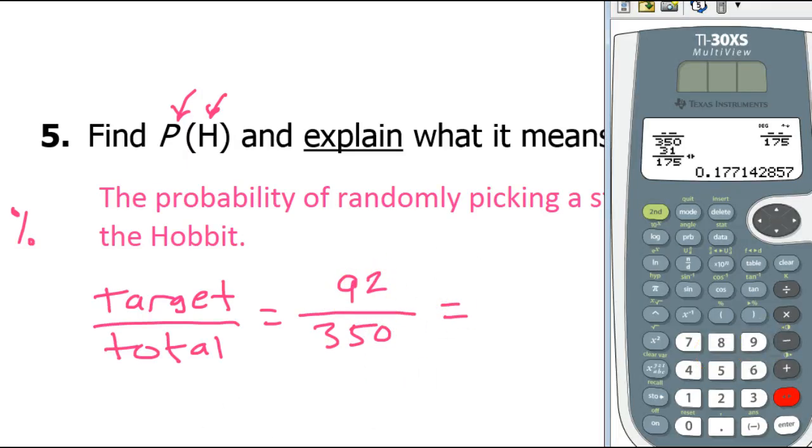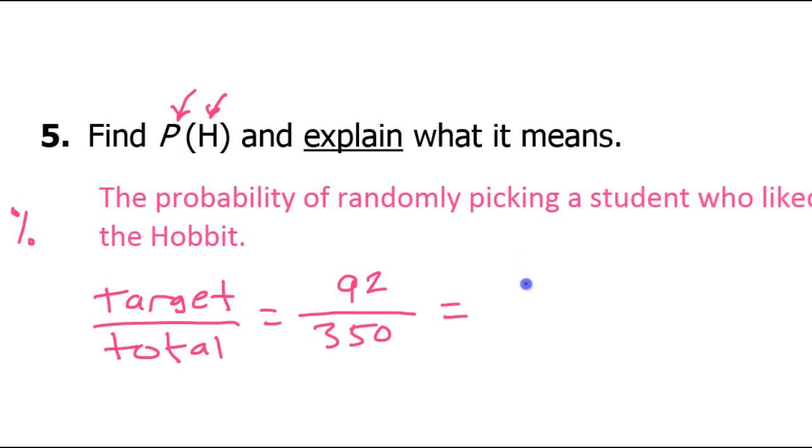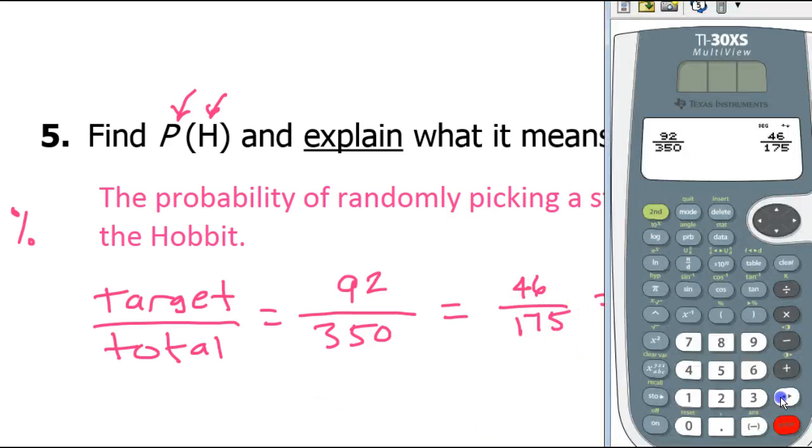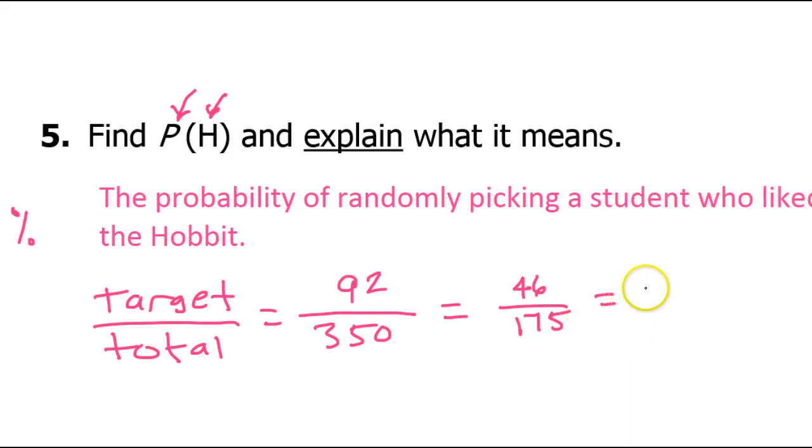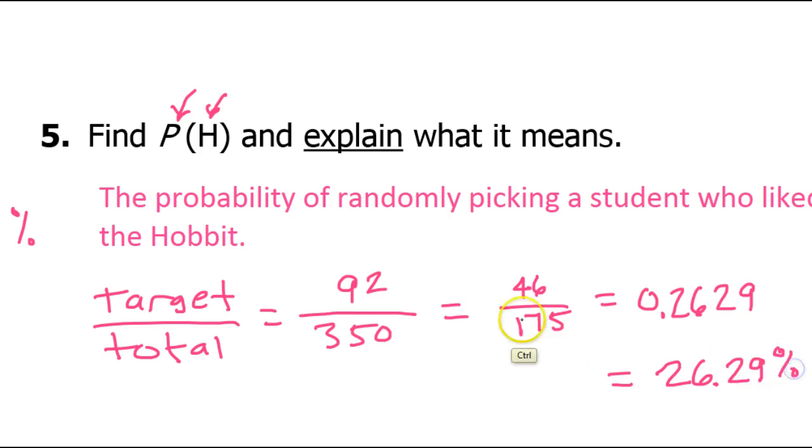We can reduce this, so that's 46 over 175, which as a decimal is going to be 0.2629, which as a percent is 26.29%.